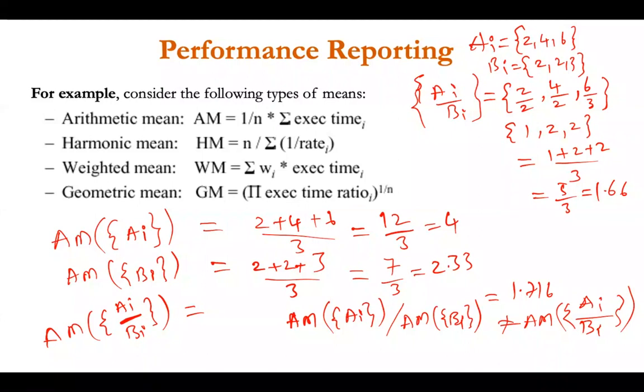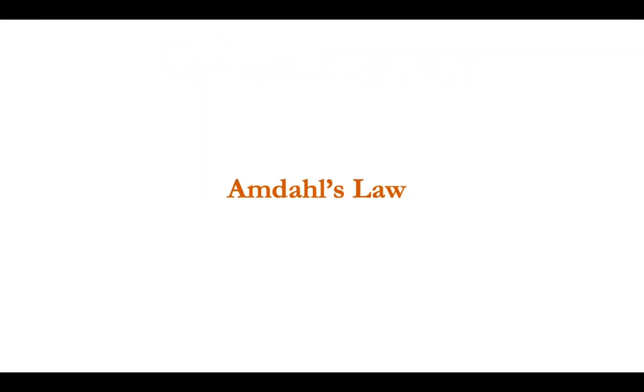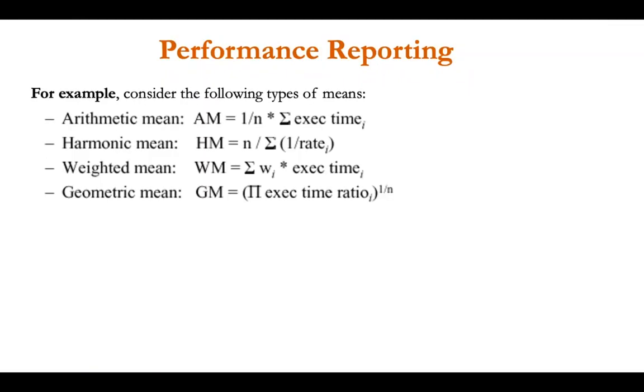In the geometric mean, you are following the product, the execution time ratio. So the geometric mean gives the accurate value. This is what we call performance evaluation and performance report.